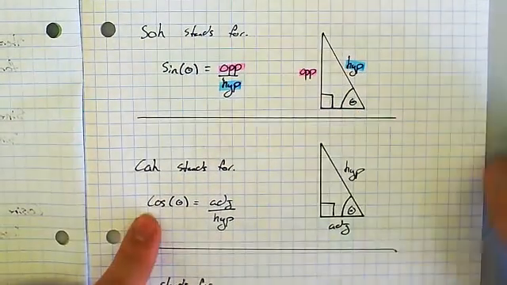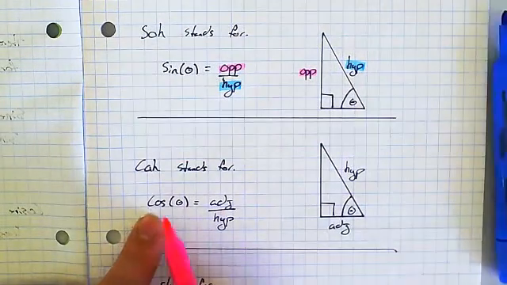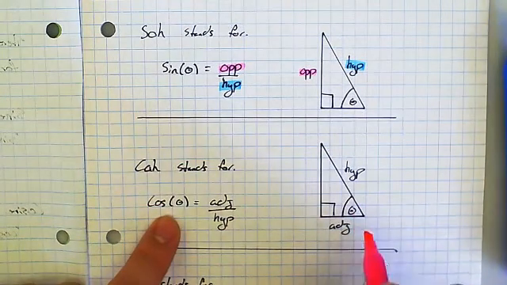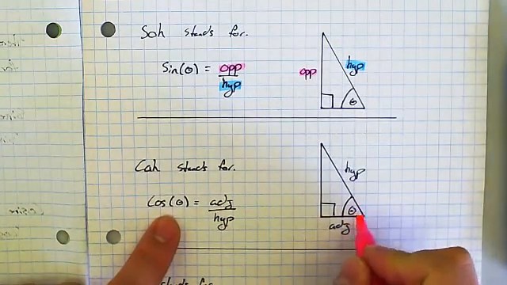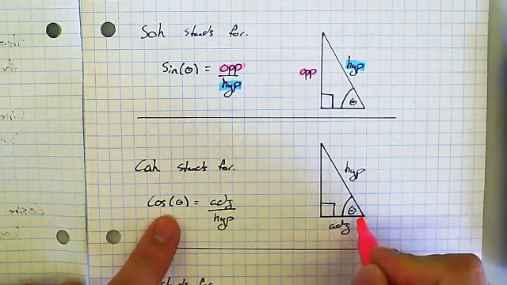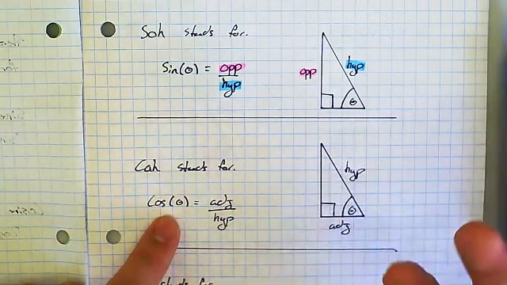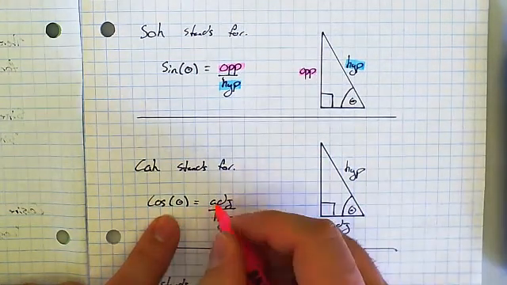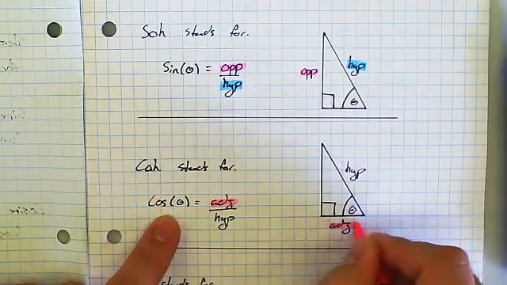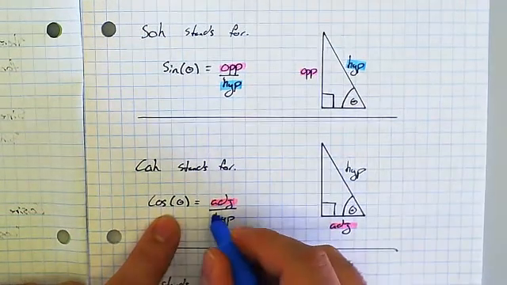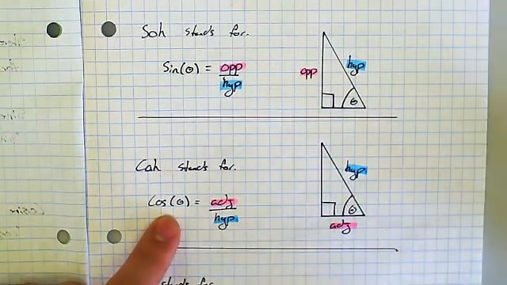For cos, we're going to have cos of theta, so again, based off of this angle, when I label this triangle, you could put in your opposite side, but it's not really going to help you because cos only uses the adjacent side and our hypotenuse.